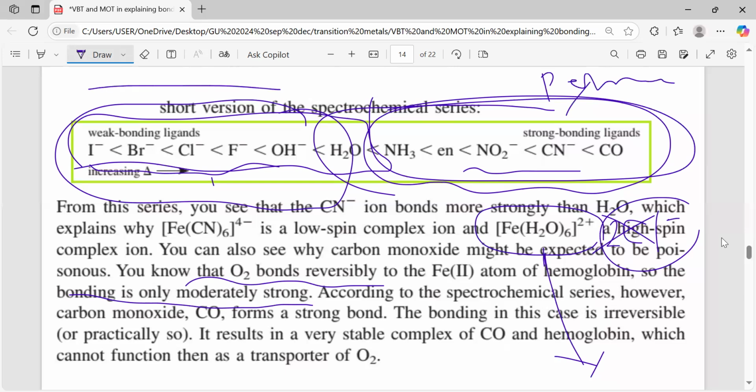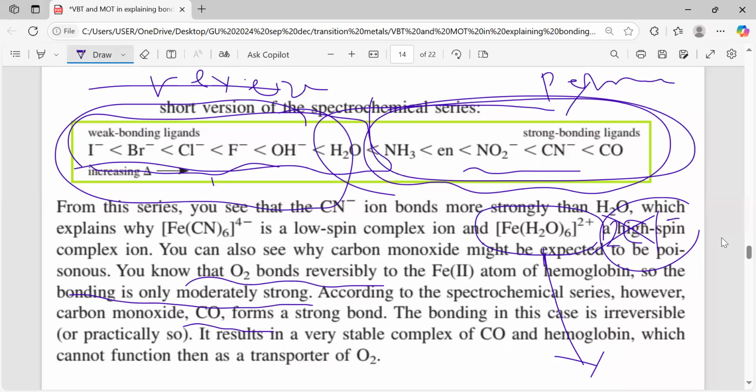The ones on this side bond reversibly; they can bond and get off just like oxygen on hemoglobin. Now, if you bring something that bonds very strongly, like carbon monoxide, it will replace oxygen on hemoglobin and stick there permanently, therefore causing the poisoning.